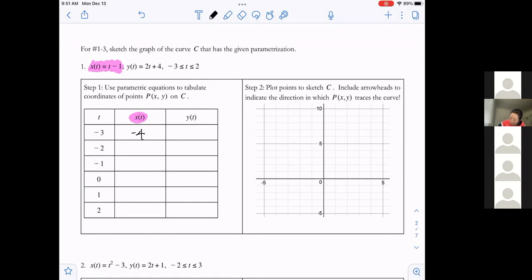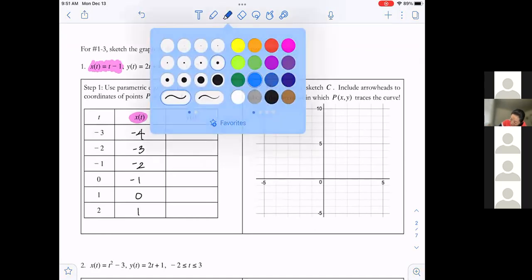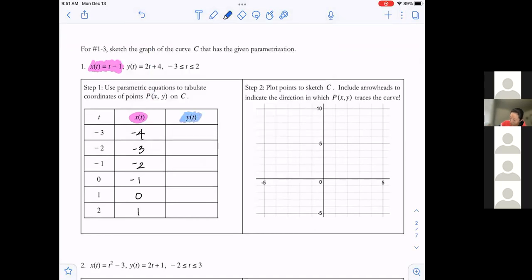Great. We take each of those values and we subtract 1. And we have our table, okay? So someone else that I haven't heard from yet, how do I complete the y of t column?